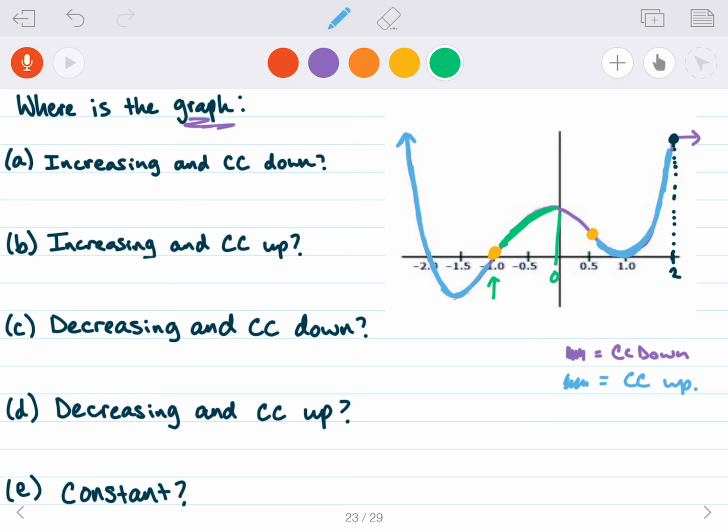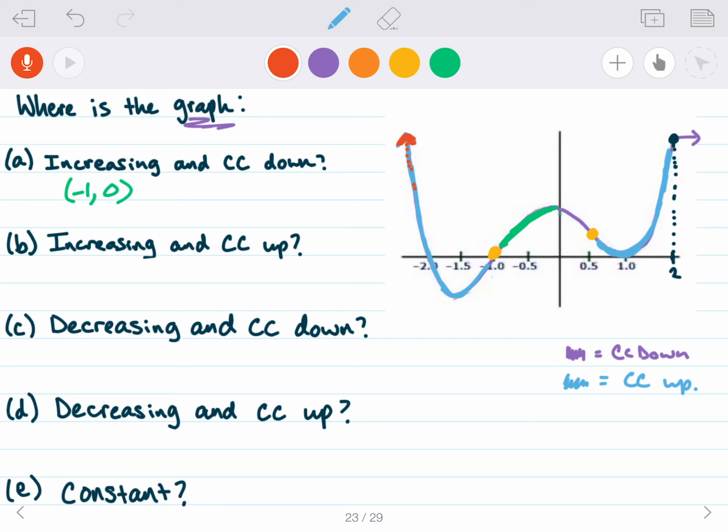So where is it increasing and concave down? We say from x equals -1 to x equals 0. And it looks like that's the only interval we have here. Where is it increasing and concave up? Well, now we look at our blue regions. If we follow this curve, it's actually decreasing here.